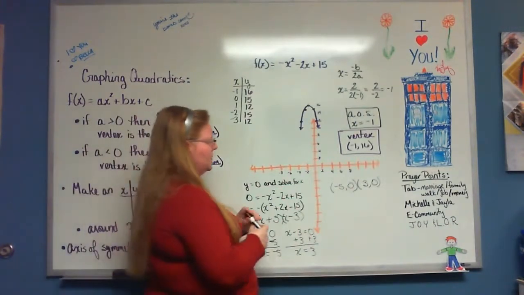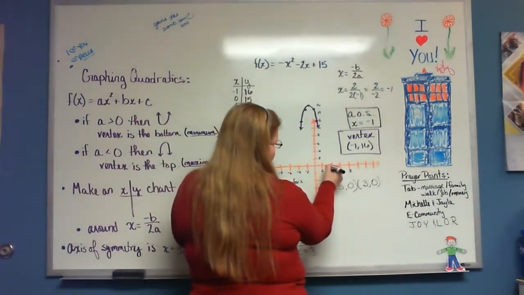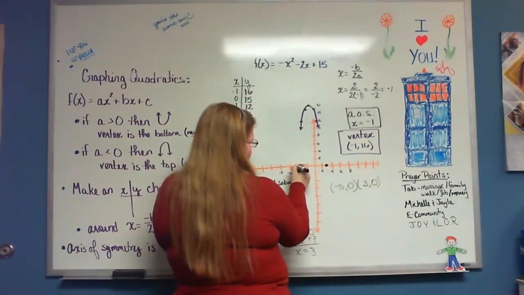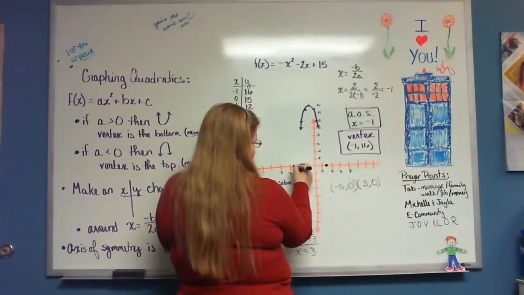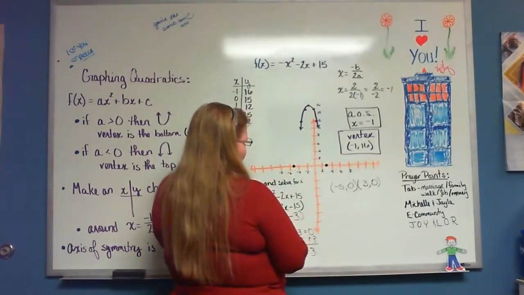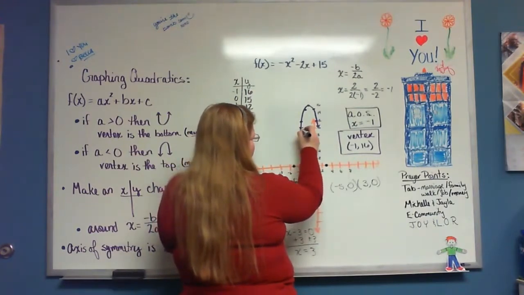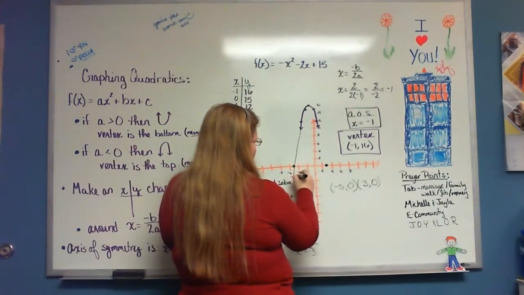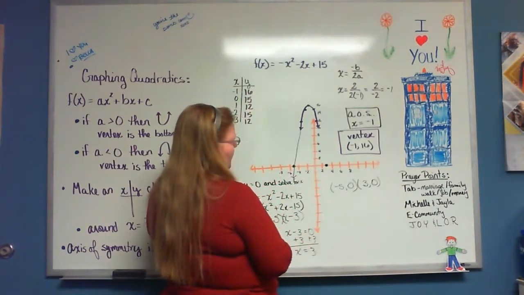Well, this is where 3, 0 is. And this is where -5, 0 is. Huh. So if I were to have extended this on down, it would have crossed right there.